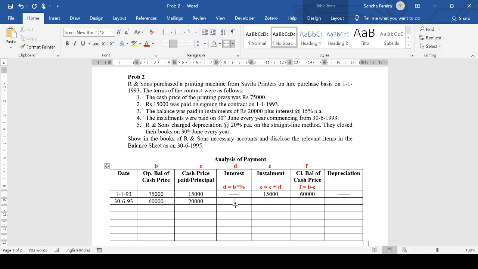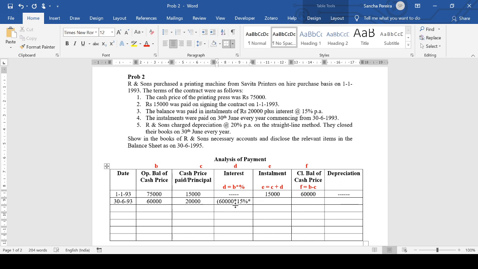We are going to write something else here. Can anyone think what it would be? Can we just say 60,000 into 15% and that would be the figure?